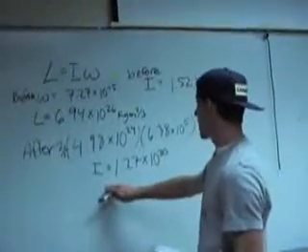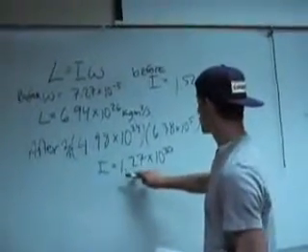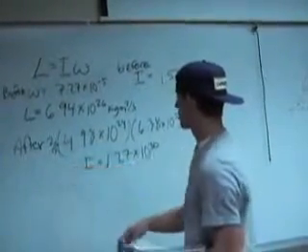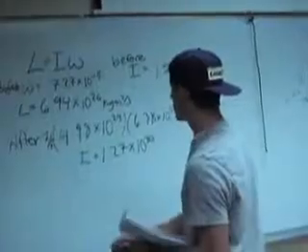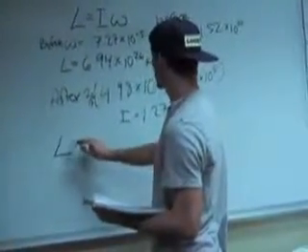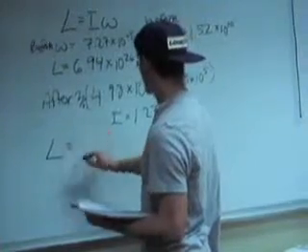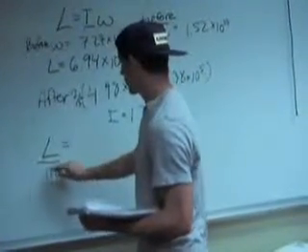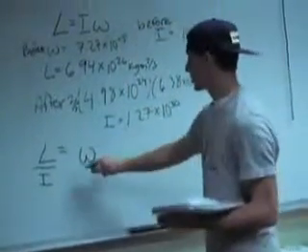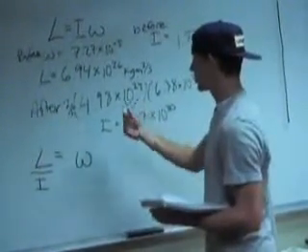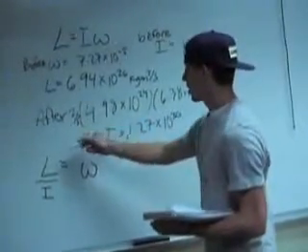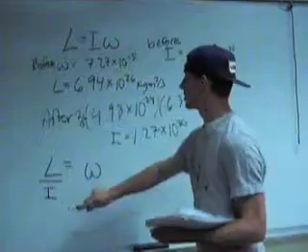Our moment of inertia has now been reduced to 1.27 times 10 to the 30th because, once again, the mass of the Earth was reduced. So, our total L, which will remain constant, can be divided by our moment of inertia to find the omega. And this, once again, is the angular velocity. This is how much the speed of the Earth will change. It will speed up to compensate for the reduction in I.